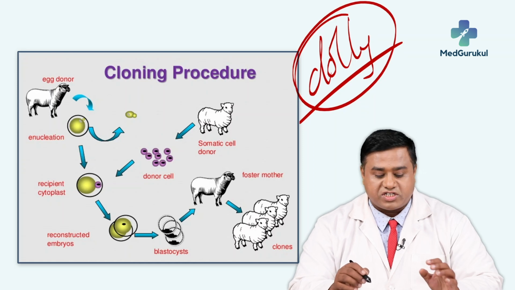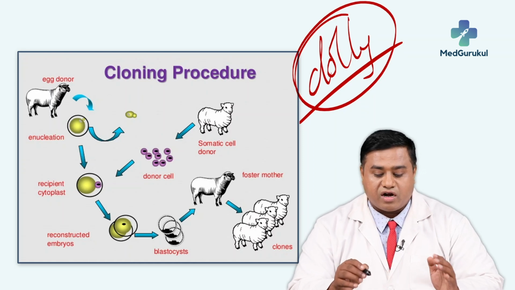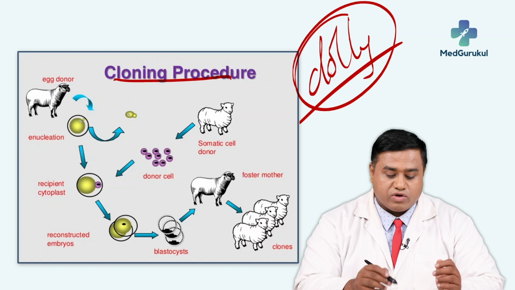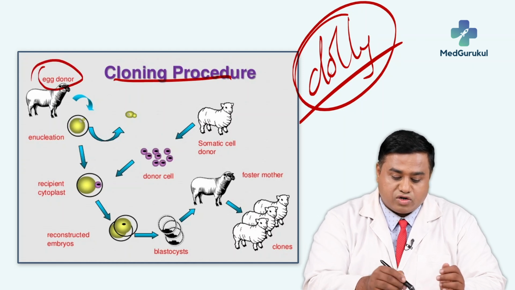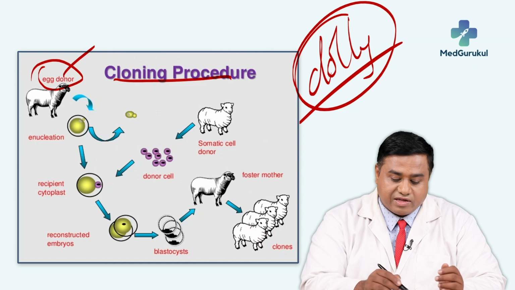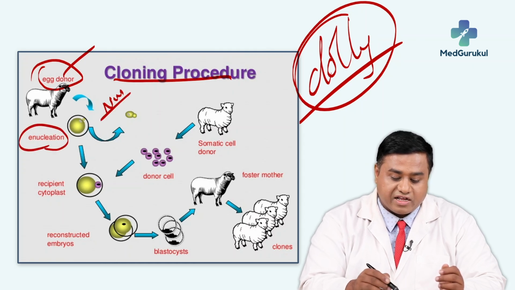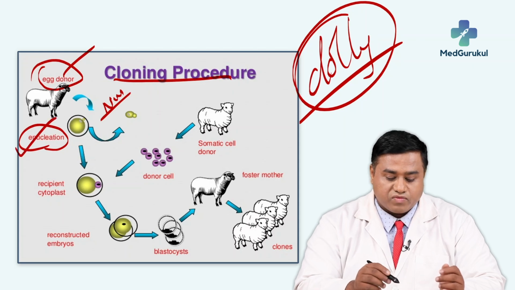Dolly is the first sheep to be cloned, and this is the cloning procedure, how you can produce your own copy. In this procedure, they take the egg of the donor sheep and take out all the nuclear material from the egg, which is called enucleation.